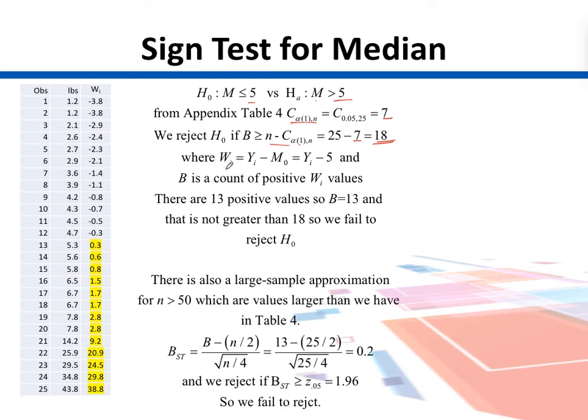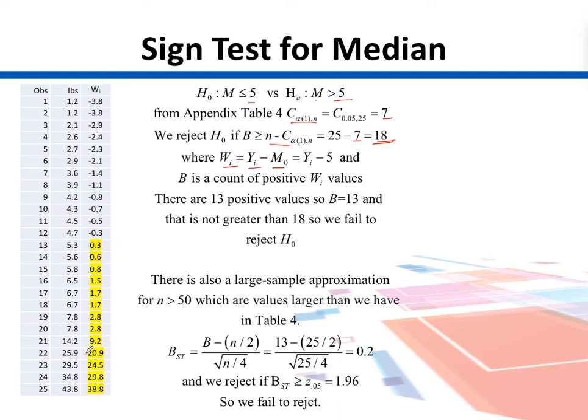So we check for those wi's, which are yi minus m naught, yi minus 5, for every number. So 1.2 minus 5, that's minus 3.8, and so on. So we get all these negative numbers up till here. Numbers bigger than 5 will give us the positive numbers, so we simply collect them and count them.